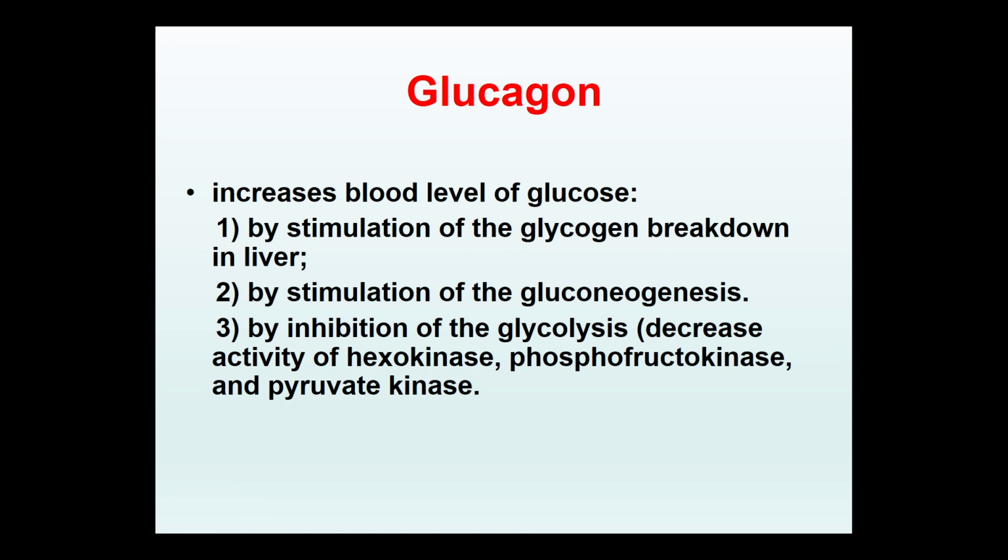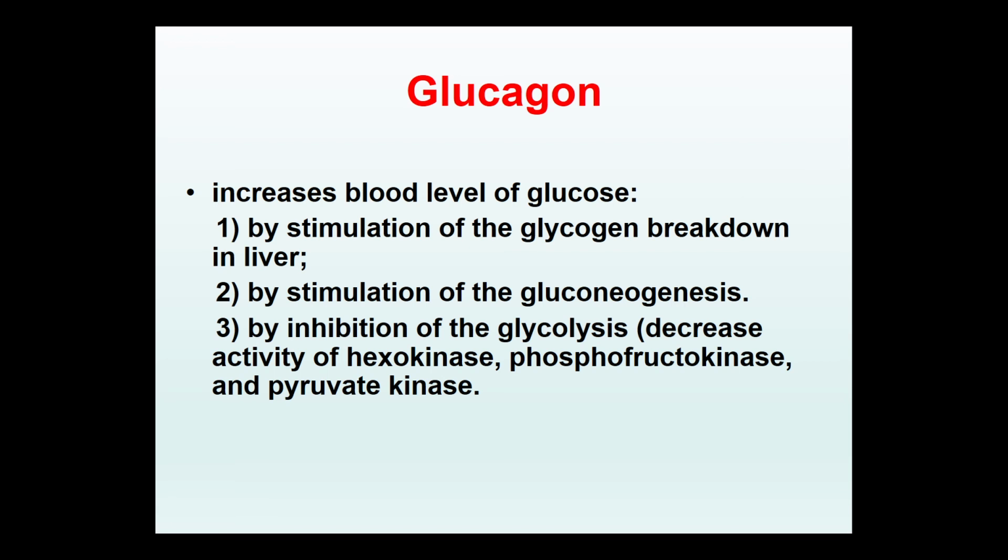But unlike epinephrine, glucagon inhibits glucose breakdown by glycolysis in the liver and stimulates glucose synthesis by gluconeogenesis. Both of these effects result from lowering the level of fructose 2,6-bisphosphate. Maybe you remember this regulatory molecule, which is produced in the liver and has an allosteric effect.